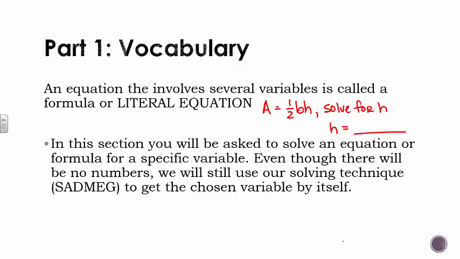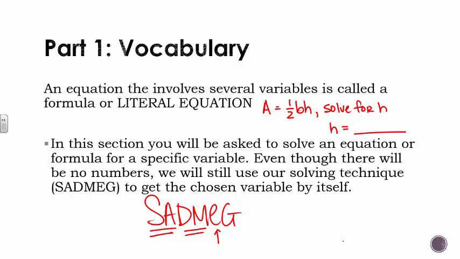Even though we will have no numbers here, like I'm not going to tell you what the area is and what the base is and then have you find the height, you still have to use our solving technique of SADMEP. So we'll undo subtraction and addition first, and then undo multiplication and division.